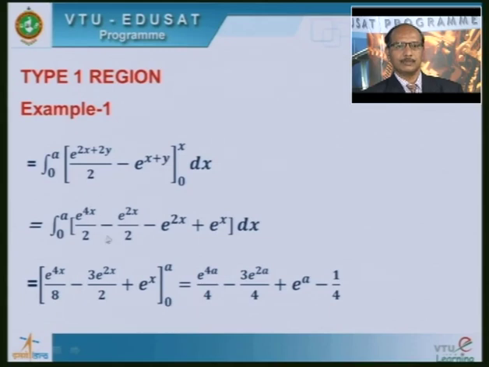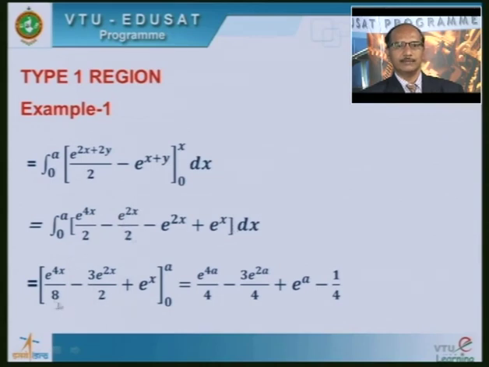So, there is only one term, e raised to 4x divided by 2, then e raised to 2x and e raised to 2x, there are two terms, adding these two, 1 by 2 and 1, that becomes 3 by 2, this becomes 3 by 2 e raised to 2x plus e raised to x as it is.